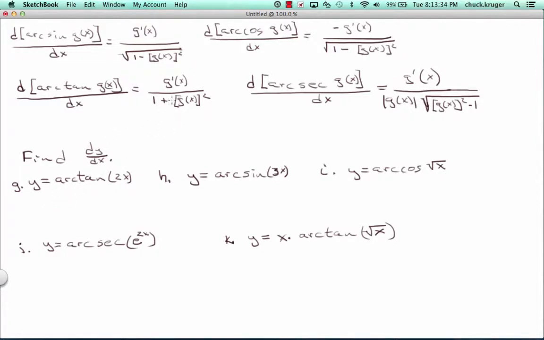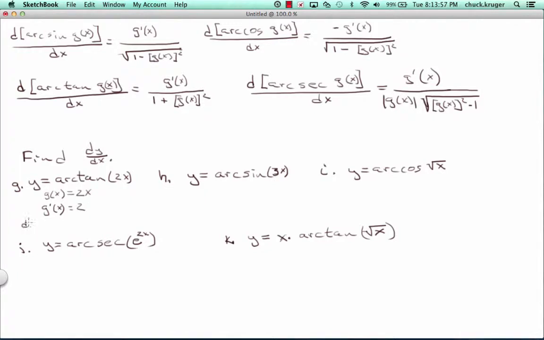So if I look at arctan here, I need to identify g of x and g prime of x. Inside the arctangent, g of x has been defined to be 2x, so its derivative is going to be 2.